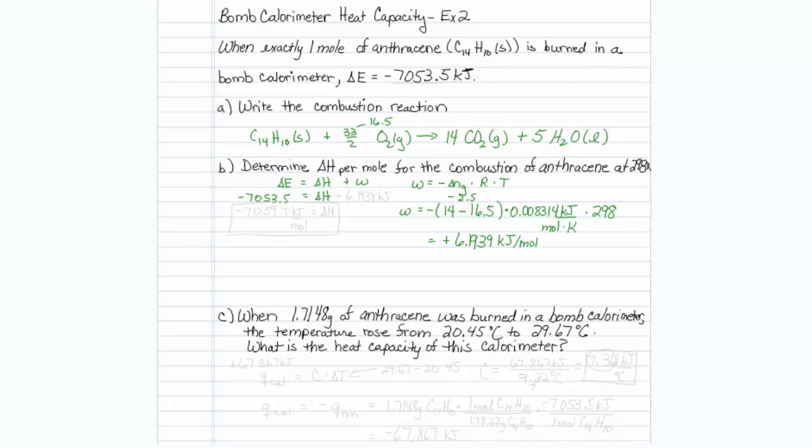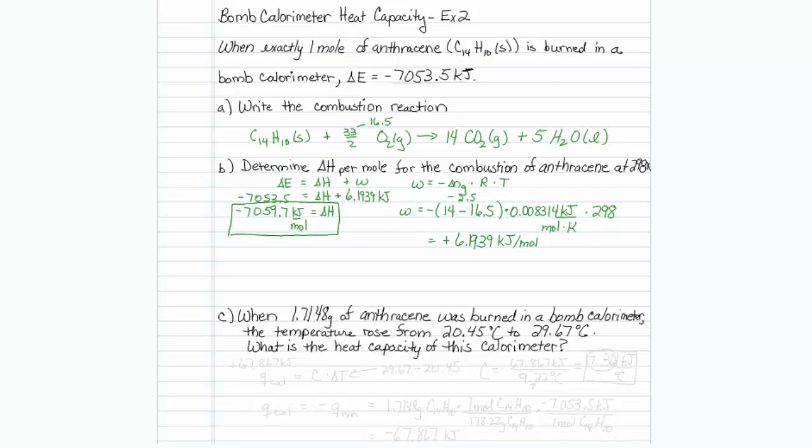So back here, plus 6.1939 kilojoules per mole of reaction, and I will just do the math, and that turns out to be negative 7,059.7 kilojoules per mole is equal to delta H. So, there we go, we just corrected it for work.